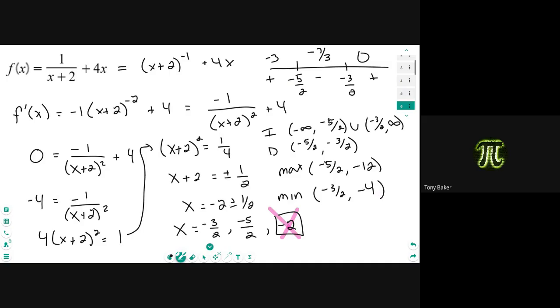Anybody notice an issue with this? Nothing seems wrong.